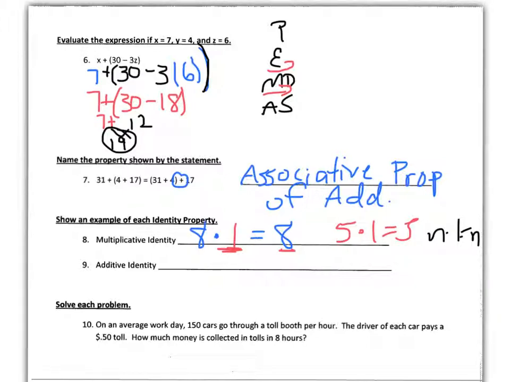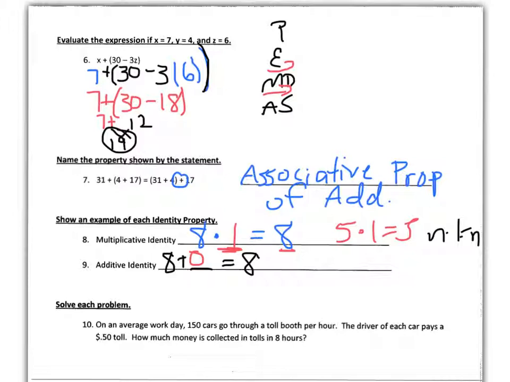So the additive identity is real similar in that we say, okay, well, if I start off with 8, what could I add to 8 and still walk out with that number 8? So if I added 1 to 8, I wouldn't get 8 anymore. I would get 9. So I can add 0 to 8 and still get 8.